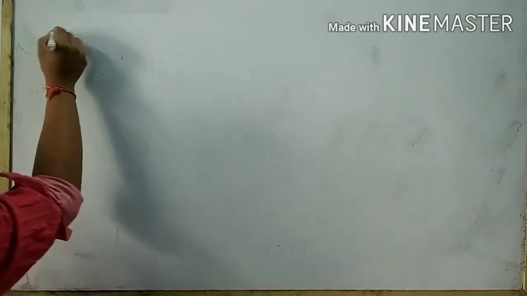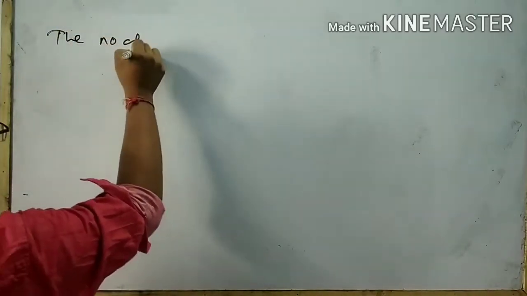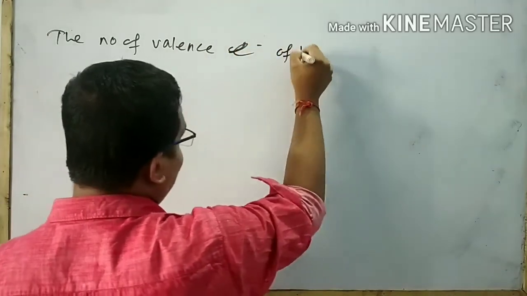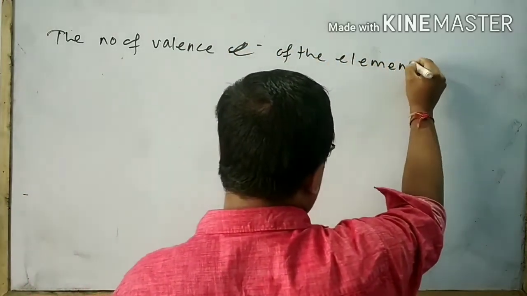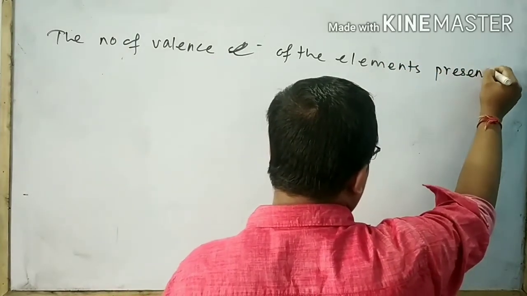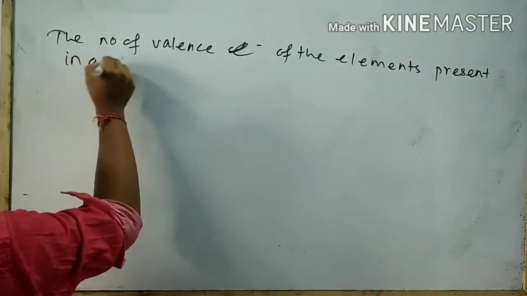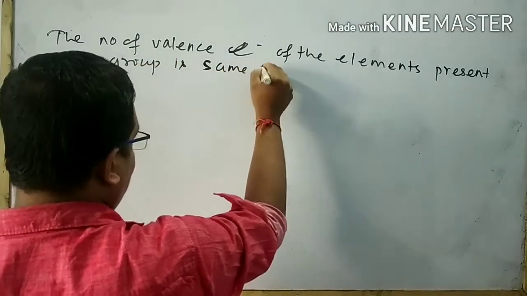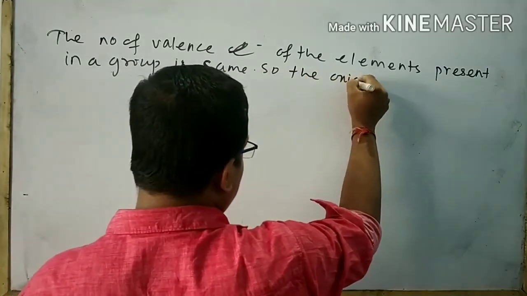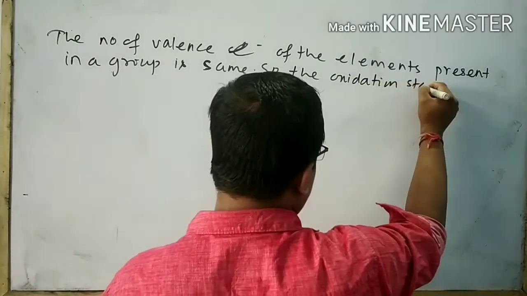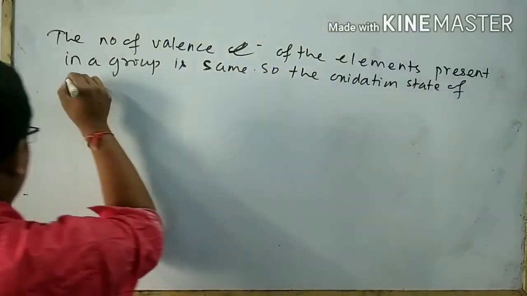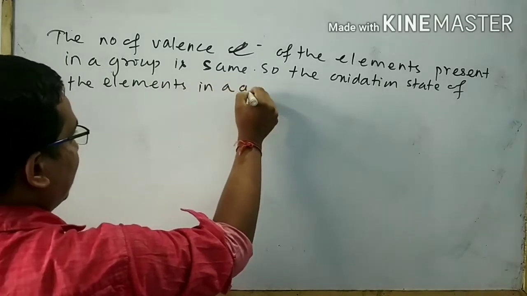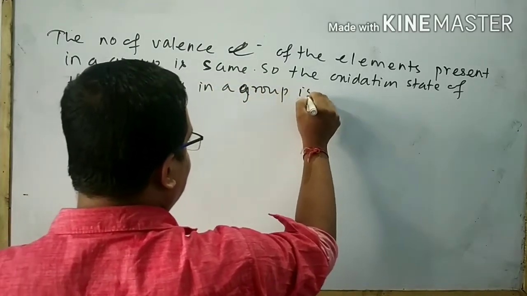So the number of valence electrons of the elements present in a group is the same, so the oxidation state of the elements in a group is the same.